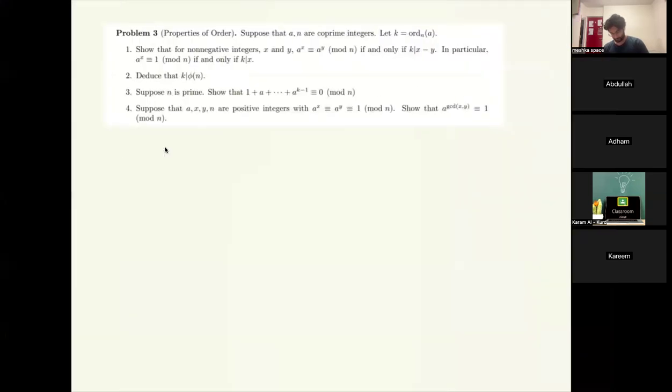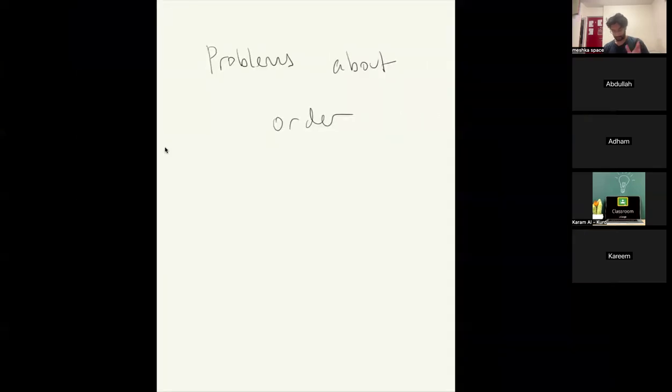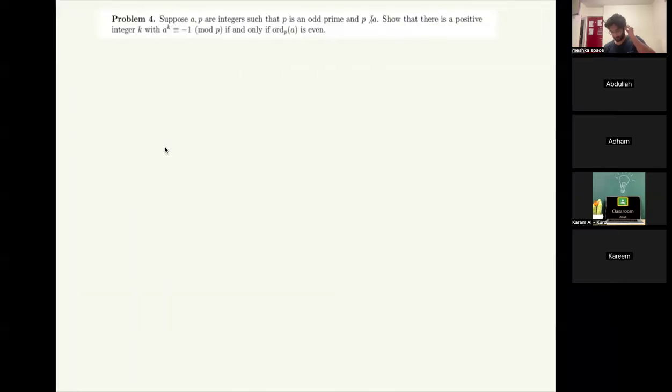Okay, so let's solve some problems. The first problem is that we have integers a and p, where p is an odd prime, and a is coprime to p.